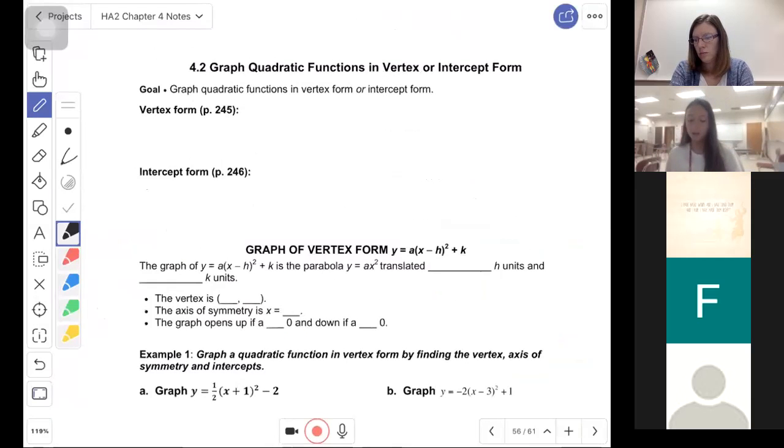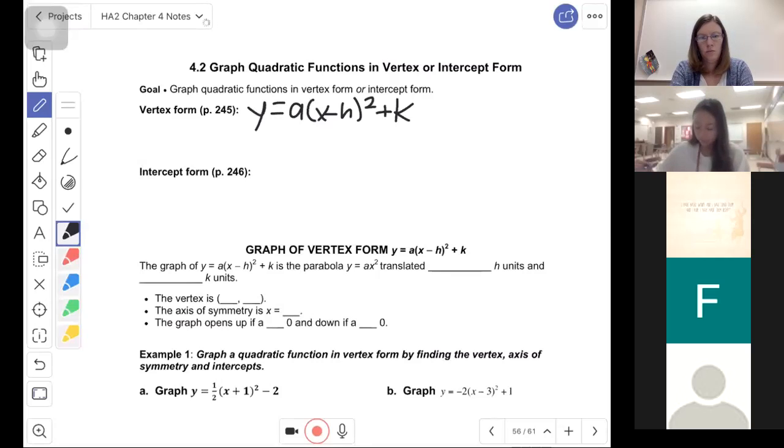They would have us put our answers in vertex form before when we were completing the square. That's this y equals a times x minus h squared plus k. And it's called vertex form because you can get the vertex right from it. And we'll talk about that in a second.